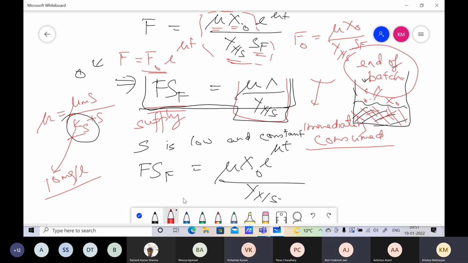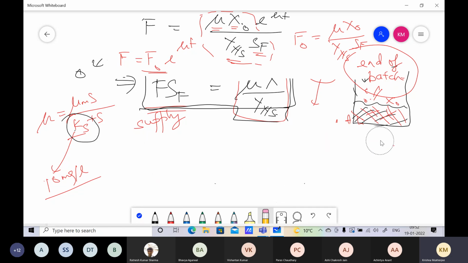So, for example, if I put numbers, just for convenience, and take the previous example: S batch was 10 grams per liter, so X naught would become approximately 5 grams per liter.